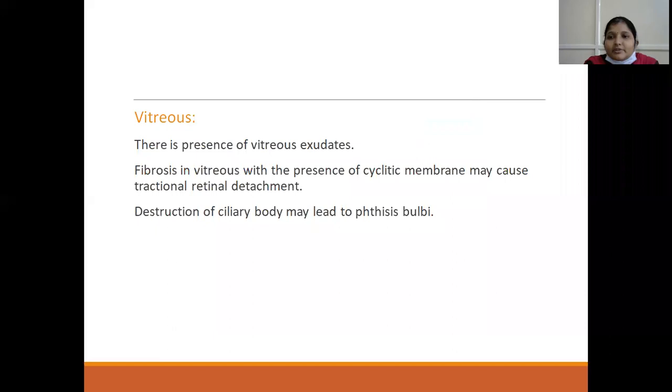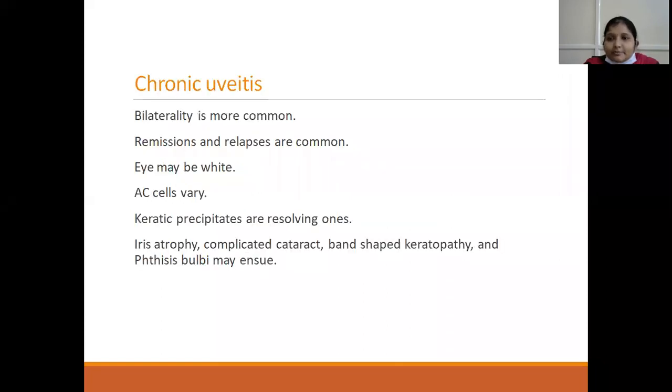So what we see in the vitreous is presence of exudates and fibrosis, which can lead to occurrence of tractional retinal detachment. And there can be a presence of cyclitic membrane. That is a membrane caused due to exudate deposition on the posterior surface of the lens. In later stages, there can be destruction of the ciliary body leading to phthisis bulbi.